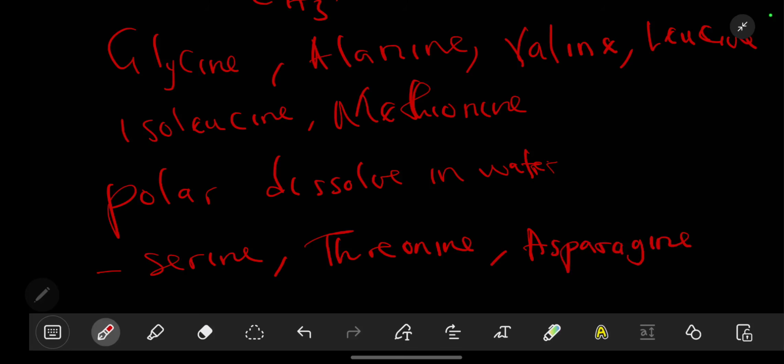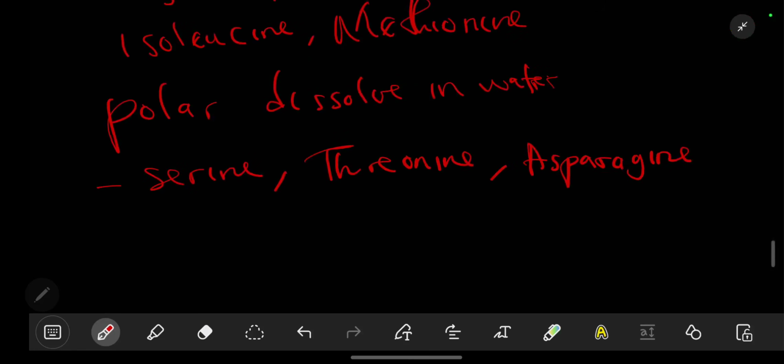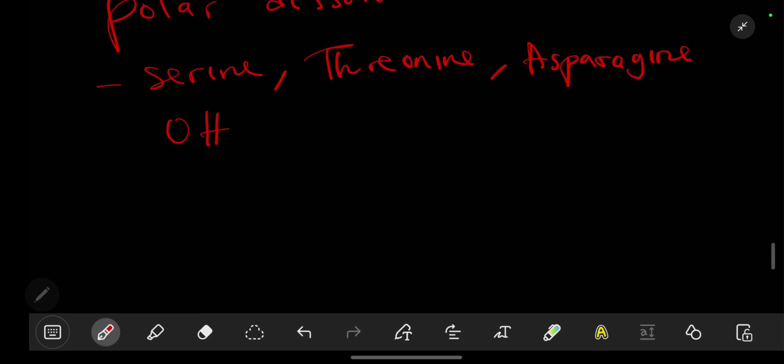glutamine, among others. The thing that is peculiar about these is that they mostly have hydroxides on their side chain, which makes them dissolve in water. Just to take one example, let's look at serine. We have N, C, H, and OH like that.